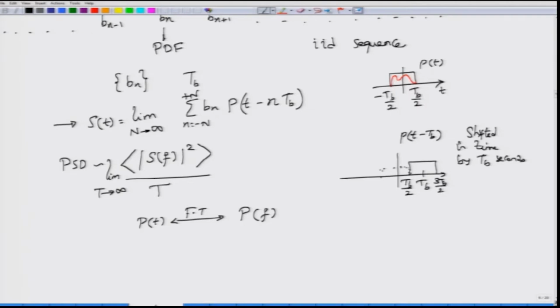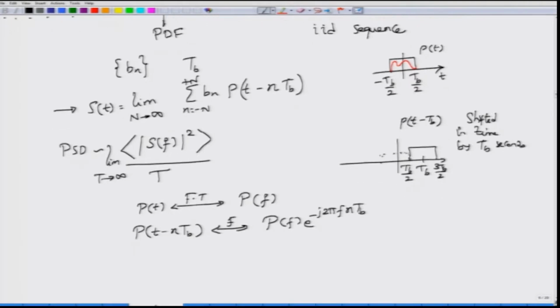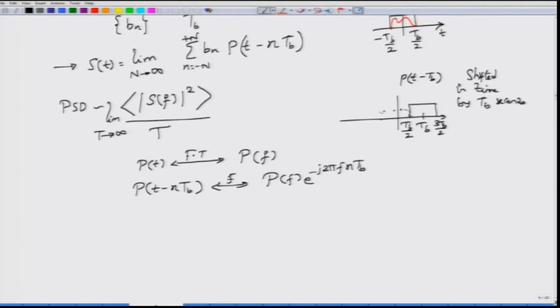We also know that the Fourier transform of P of t minus n TB will be, in the Fourier domain, P of f multiplied by e to the power minus j 2 pi f n TB, because it is a pulse that is shifted in time, and therefore in frequency it gets multiplied. So, let us substitute these values into the expression and see what we get.